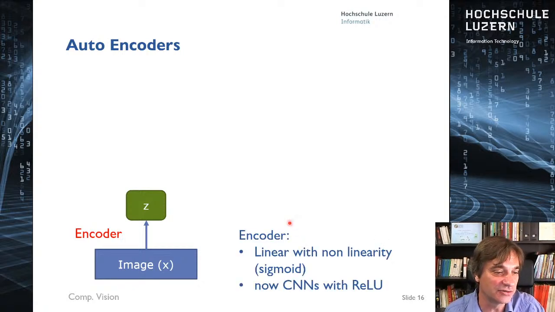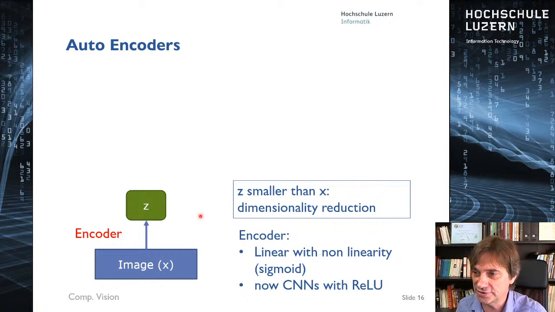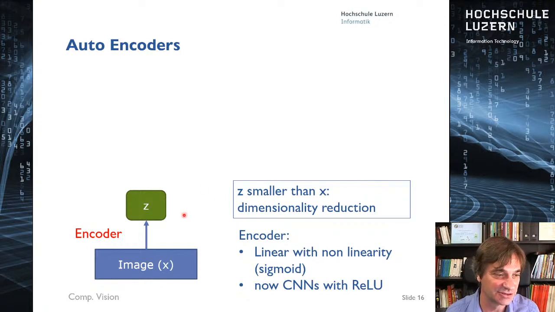For these encoders, earlier we usually used some linear model with some nonlinearity. Now you can just use a convolutional neural network to learn the transformation from your image to your encoder space. And the important thing is that your space z should be smaller than x. So you want a dimensionality reduction here.